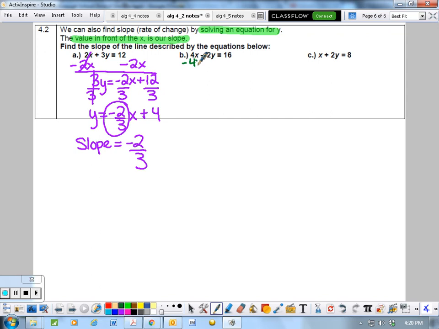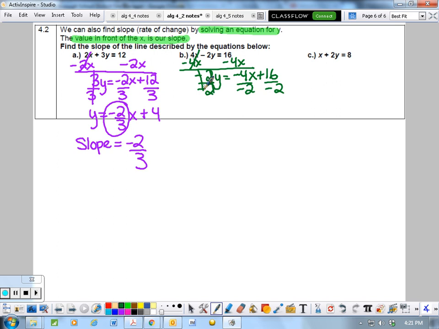So on our next problem, we're going to move our x. So I'm going to minus 4x because it's a positive 4x. So now I'm left with, be careful, a negative 2y equals, and then I'm going to have my negative 4x and plus 16. Now keep in mind, these don't combine because one has an x and the other one does not. So they're not like terms, we can't combine them. Now I divide everything by negative 2 because that's the number I'm timesing by y, and I want y to be by itself.